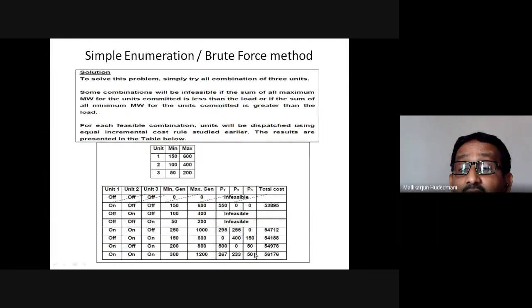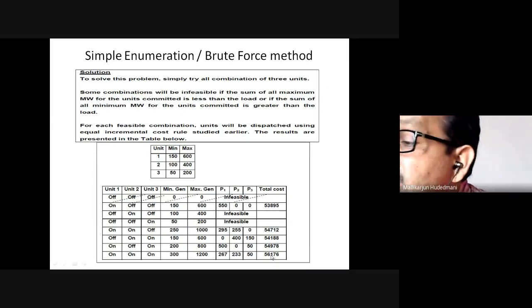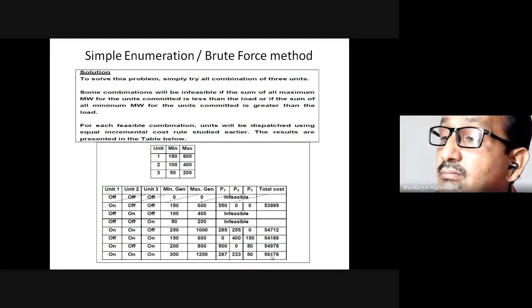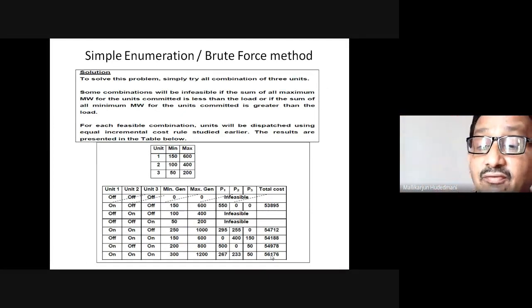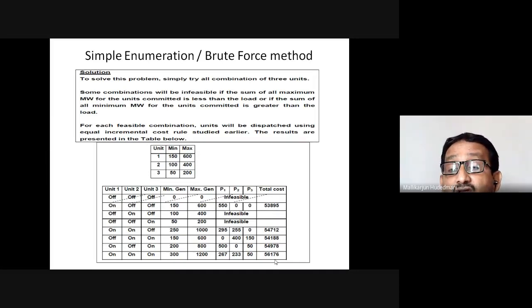Hence add it up as a grand sum, which is called the total production cost of the machines. Therefore, this is the total production cost: 56,176. So now you will find, for your certain 550 megawatt, which is the best combination.